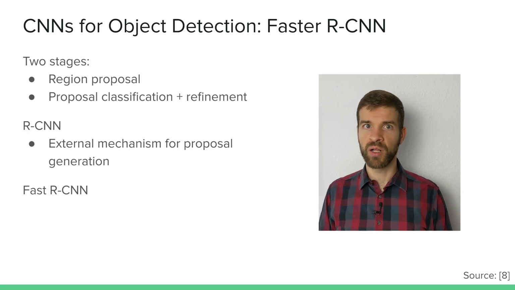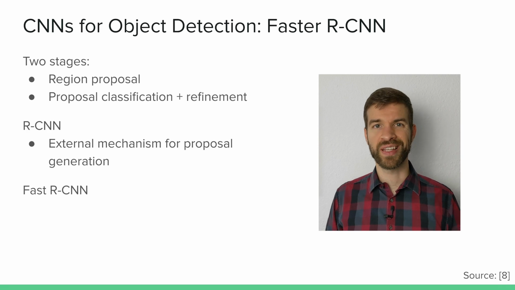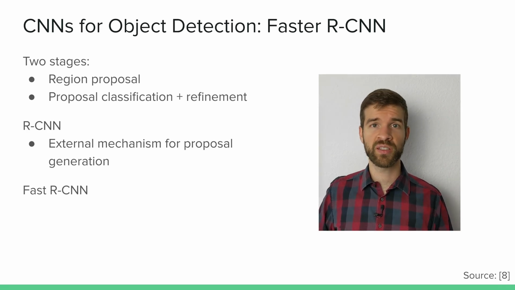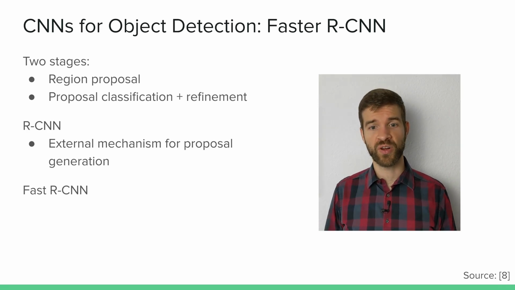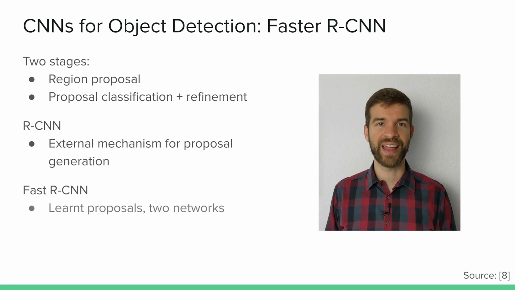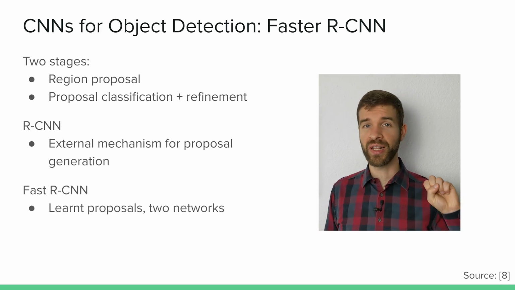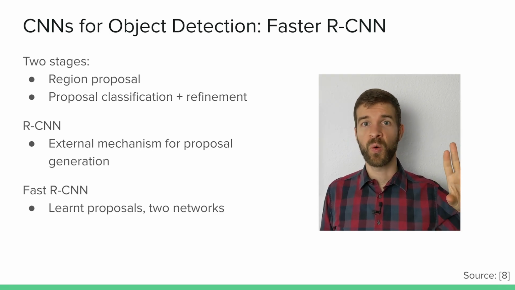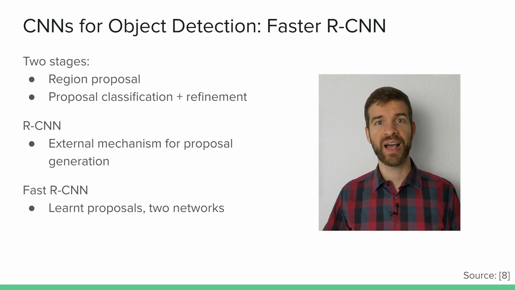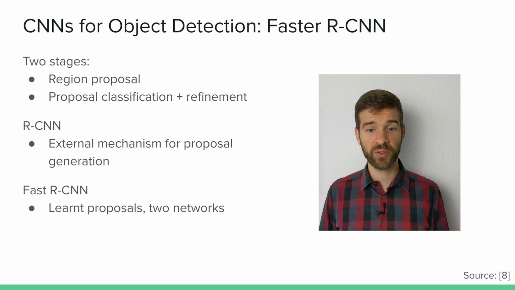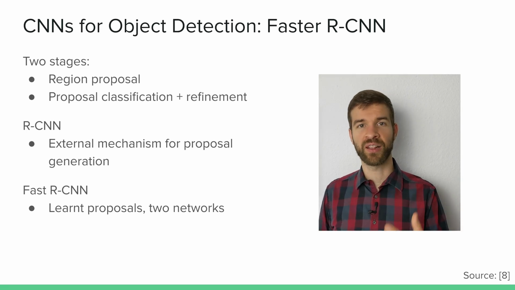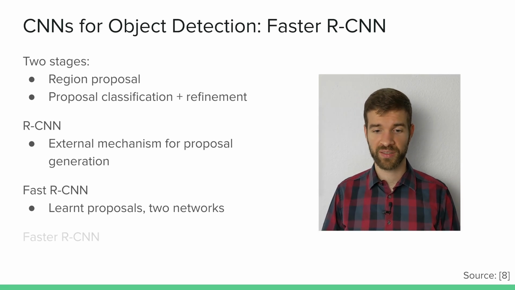And it turned out that it might not be a good idea to use an external mechanism to generate this. Why not learn to extract meaningful region proposals? And that was Fast R-CNN, which had the idea of, okay, let's learn where to look and then learn how to classify that. So we had two networks that learned the proposals and learned the classification and refinement.